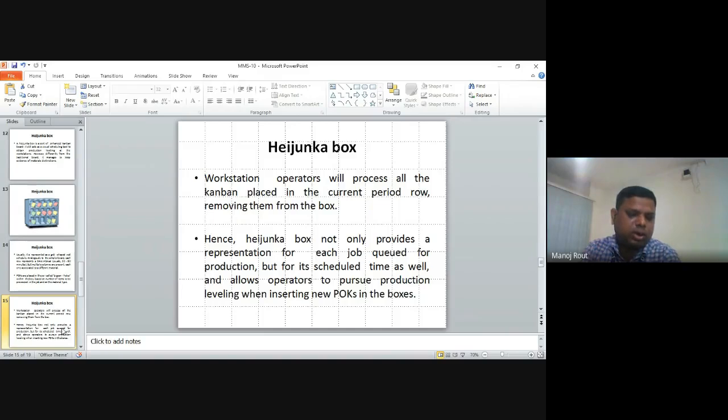The schedule time is also mentioned and allows the operator to pursue production leveling when inserting the new production order Kanban in the box.